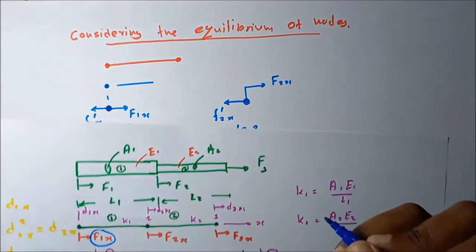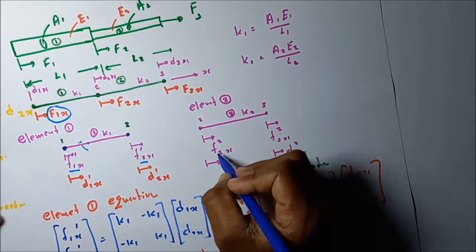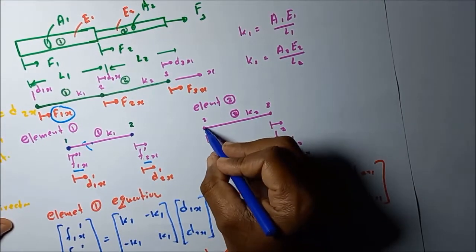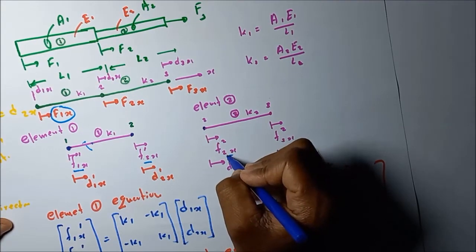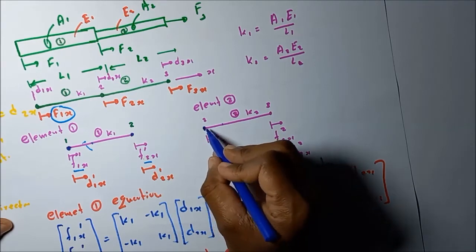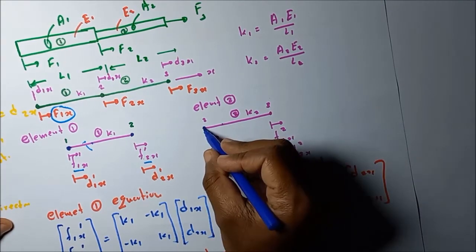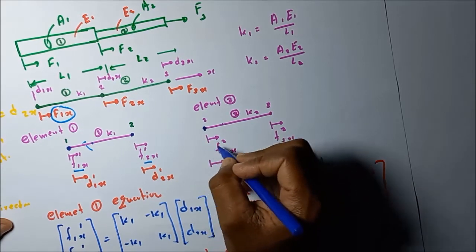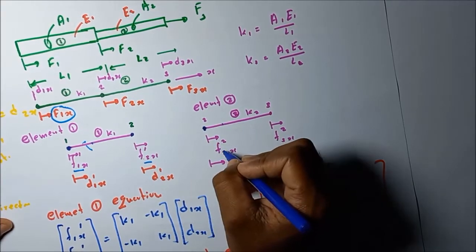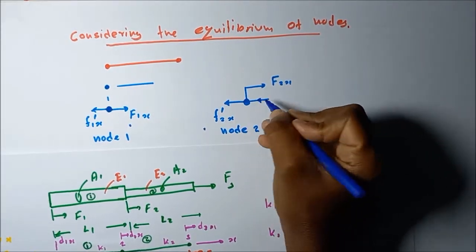This force is representing the force acting on the line from the node, so the force acting on the node from the line is opposite in direction. That means the reaction force of this one is acting in this direction. What is that?